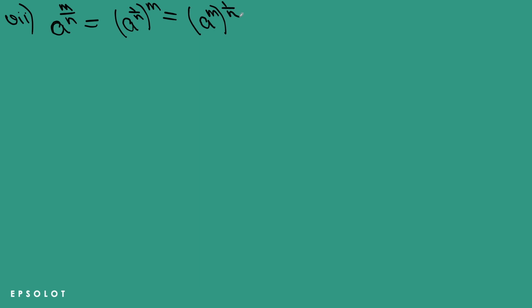I'm not going to go into more detail on what this rule is, but you're more than welcome to go and watch the previous video that we have done explaining what this rule actually means. But the important thing to remember in this case is that you can easily rewrite this into the brackets, just like we saw earlier, that they are exactly the same. So it doesn't matter if you raise this base to the power or you raise to the exponent. Regardless, it's going to be the same.